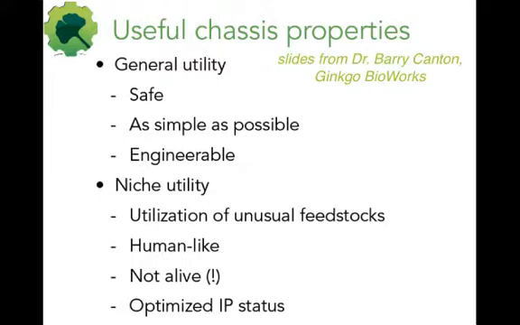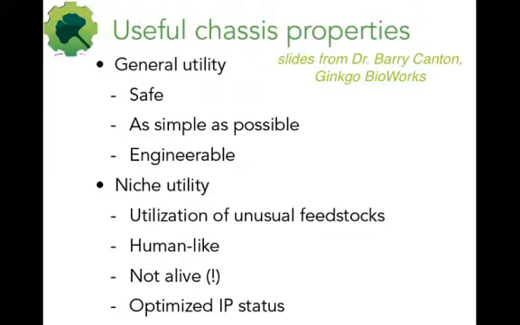Then you want them to be as simple as possible, perhaps because we can understand simpler things, that the more complex things get, the more unexpected outcomes there might be. And you would want them to be engineerable. They may need a genetic system where you can express unusual genes in them. You want them to be things you can manipulate rationally and reliably.